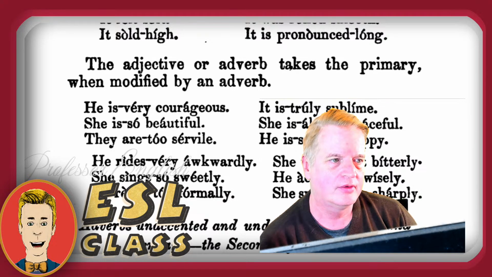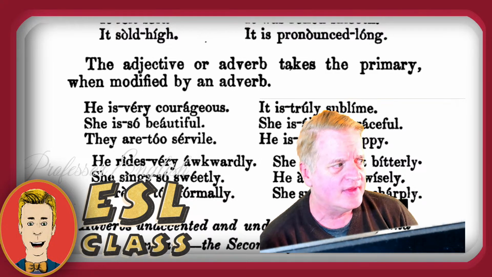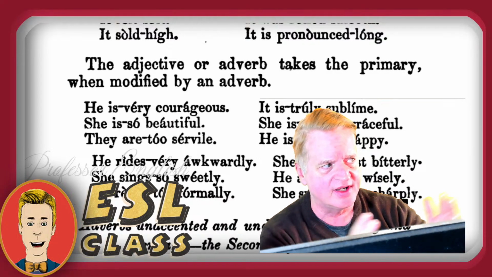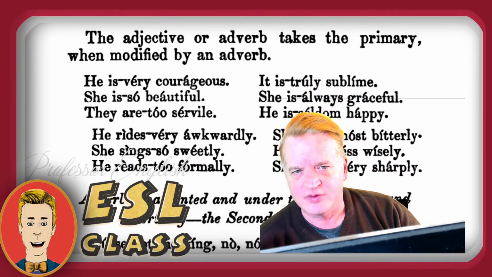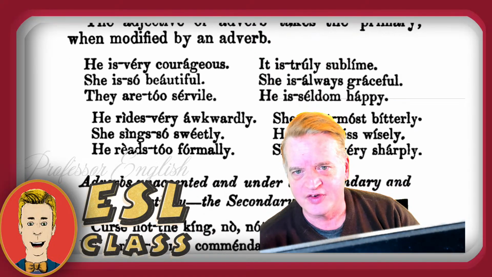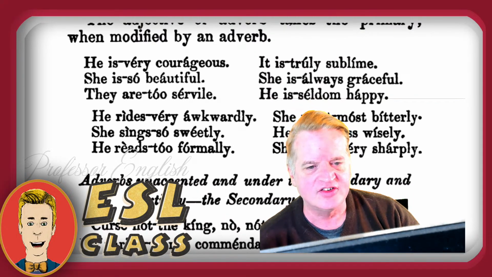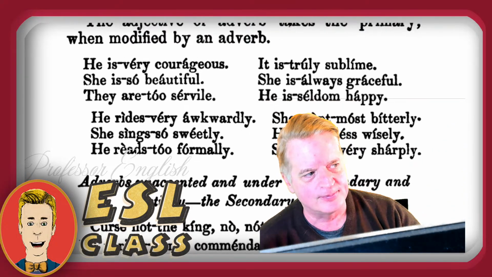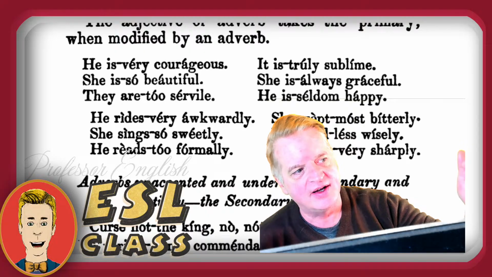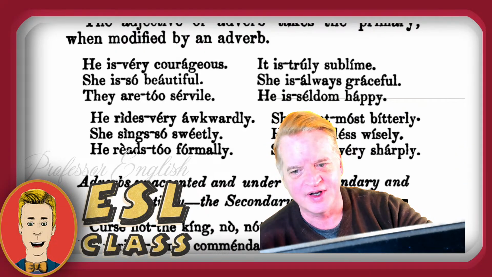It's pronounced long. Yeah. So the important word gets more attention. It gets more length on the accented vowel. The adjective or adverb takes the primary when modified by an adverb. PP says high, H-I-G-H, and hi, hello. They sound exactly the same. And if you say hi to a person, that's very unfriendly.